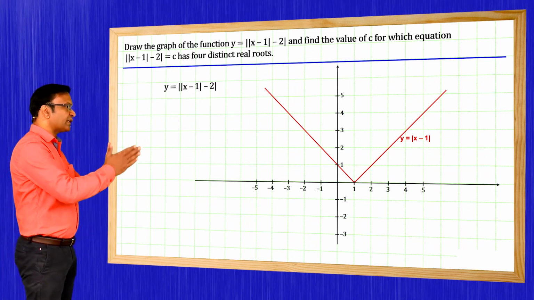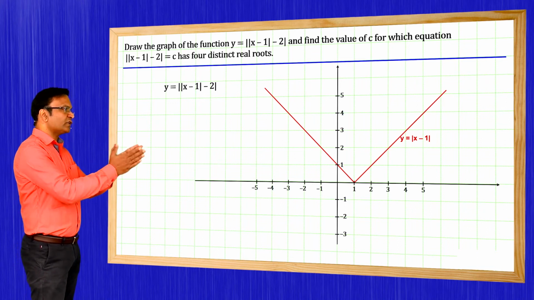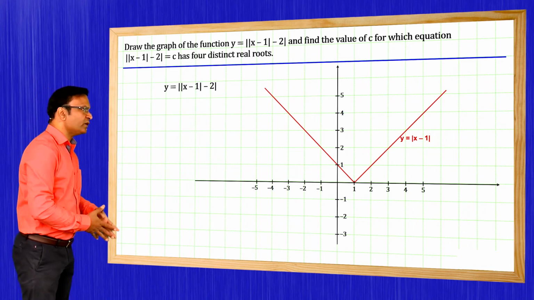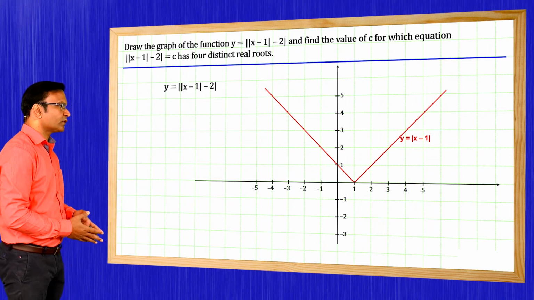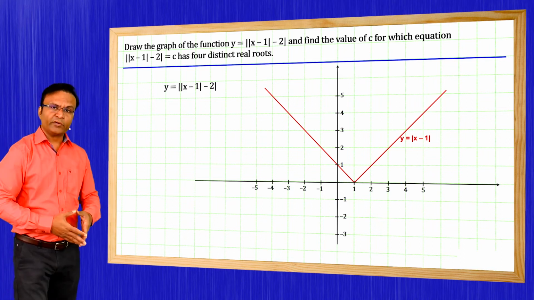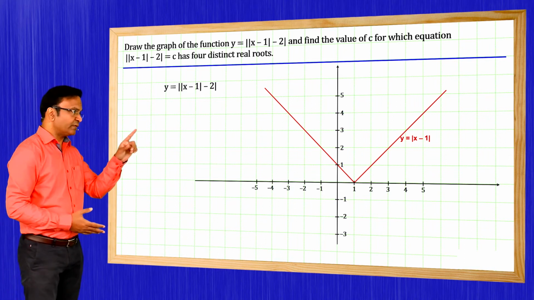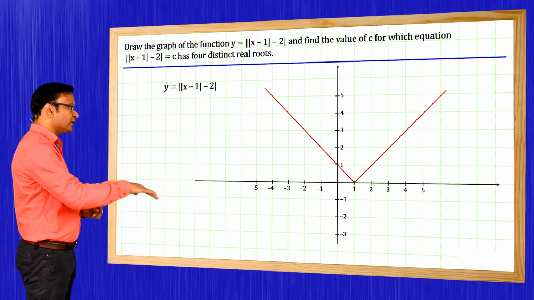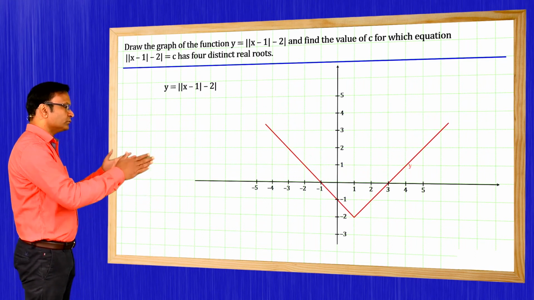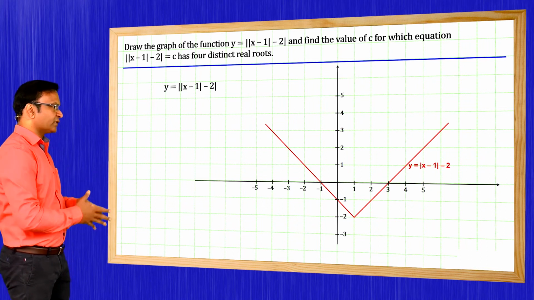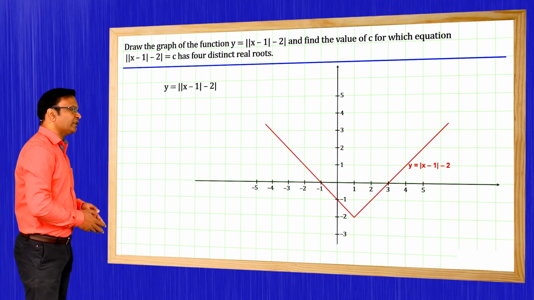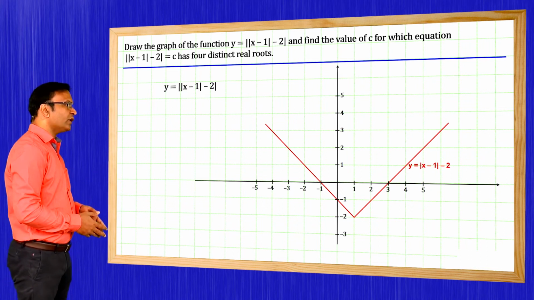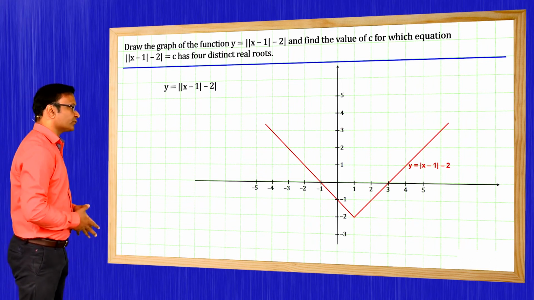Now from this graph we will get the graph of function mod x minus 1 minus 2. How can we get this? Shift this graph 2 units downward. So we get this graph which represent function y is equal to mod x minus 1 minus 2.